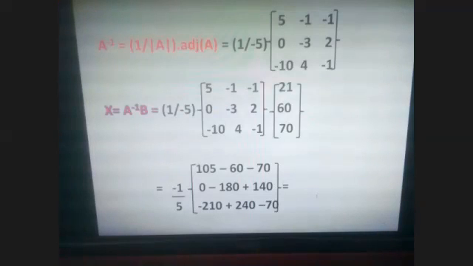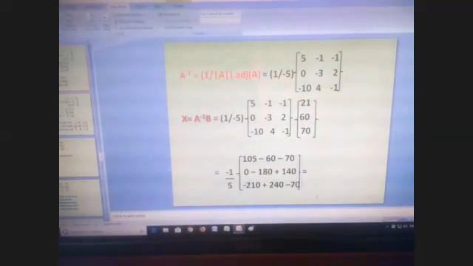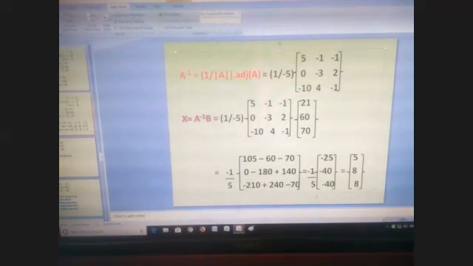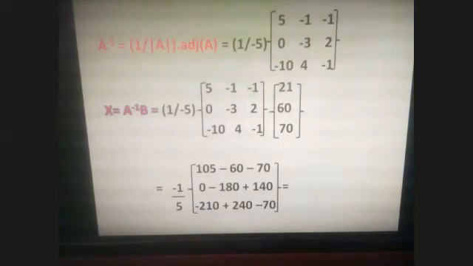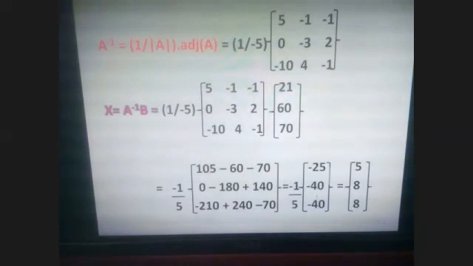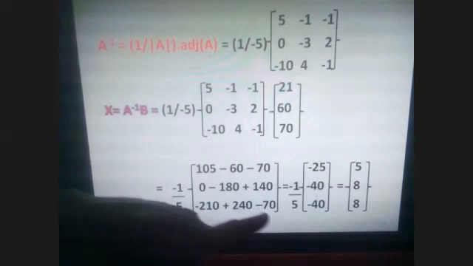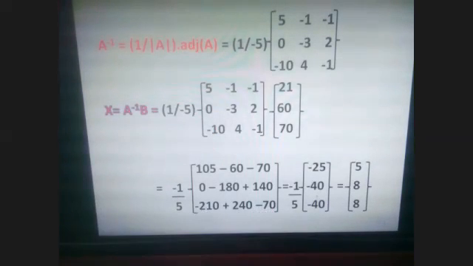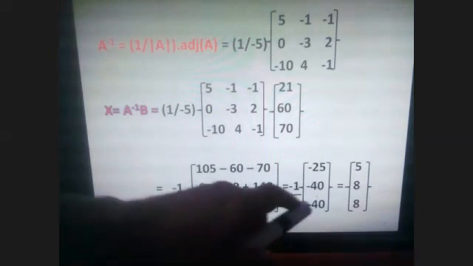That is fine. We have calculated that is to be 210 minus 270, that is minus 280 plus 40, that is minus 40.